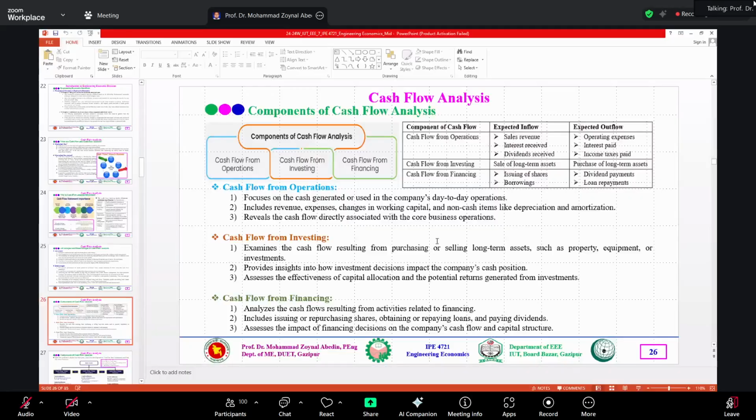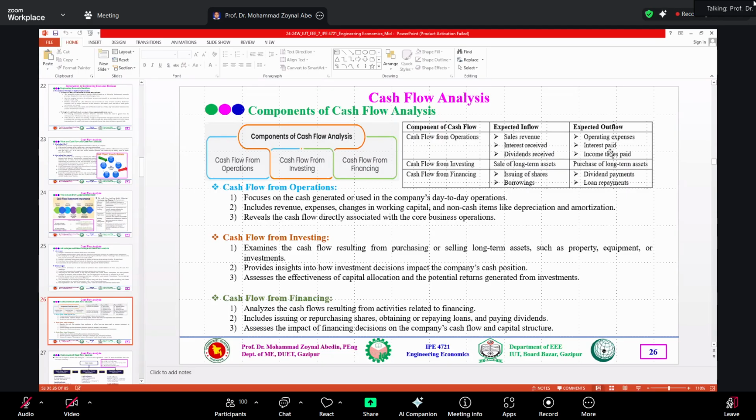So now let's talk about the characteristics of the cash flow from operation. It focuses on the cash generated or used in the company's day-to-day operations. It includes sales revenue, interest received, dividend received, operating expenses, interest paid, income tax paid, changes in working capital, and non-cash items like depreciation and amortization.